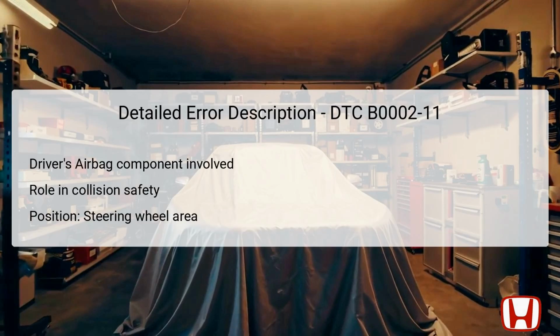This error code indicates a specific issue with the driver's airbag's second inflator, which is a critical component of the vehicle's supplemental restraint system, SRS. The role of the driver's airbag is to deploy and cushion the driver during a collision, enhancing safety features significantly. Located in the steering wheel, it is connected to several essential components through a wiring harness.